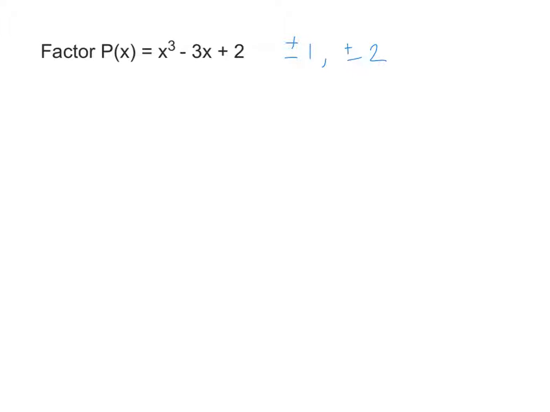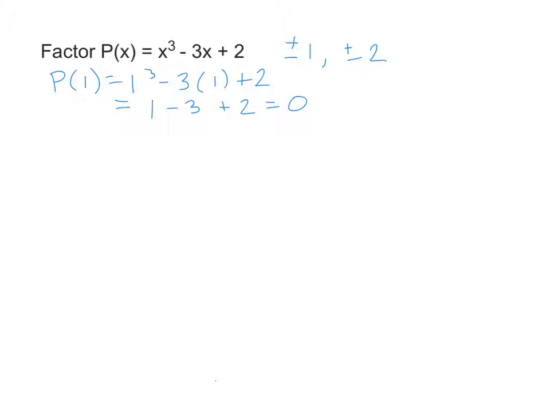So I'm going to do P of 1, that works, doesn't it? 1 cubed minus 3 times 1 plus 2, so that's 1 minus 3 plus 2. So there we only had to test one of them and found the 0.